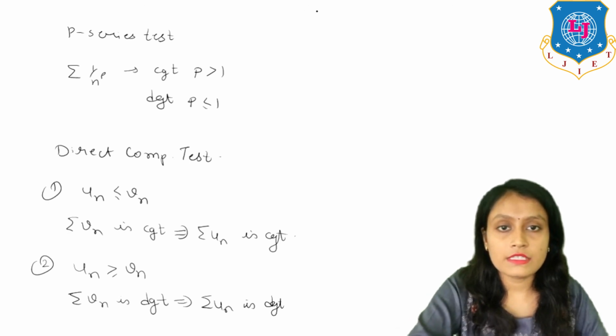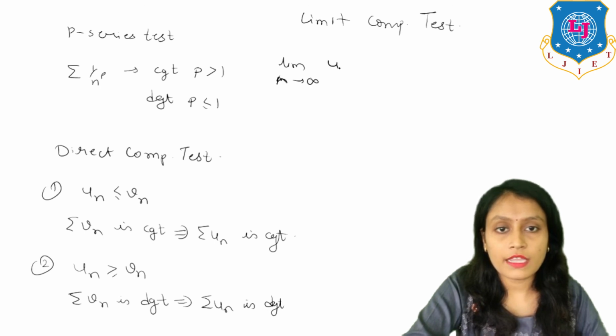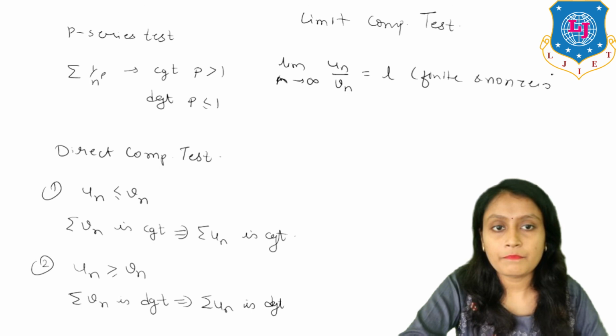And lastly we studied the limit comparison test. In that, firstly we have to find this limit n tends to infinite un upon vn, and its answer should be l, and l should be a finite and non-zero term, right?